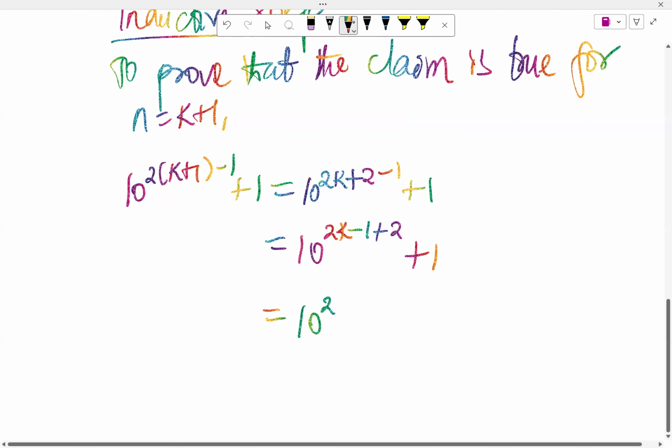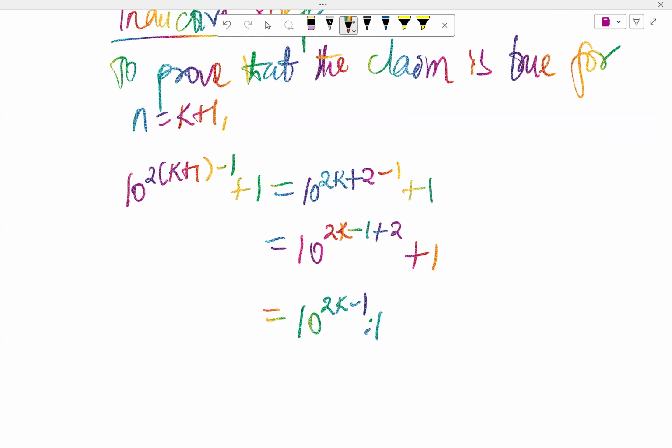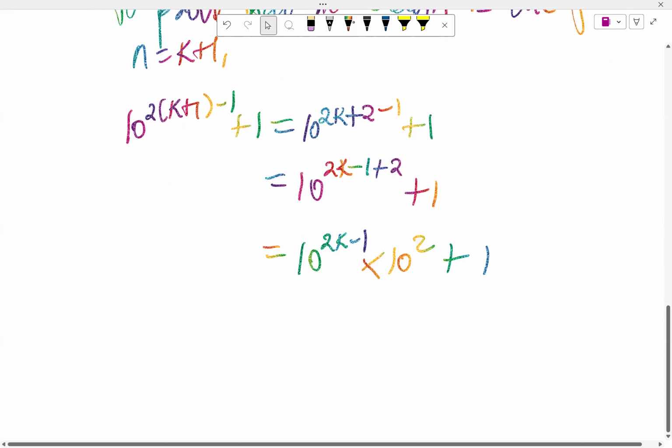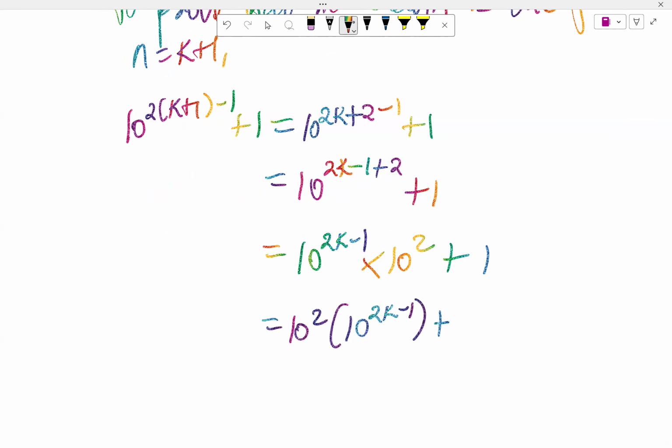So you have 10 raised to power 2k minus 1. From the law of indices, this is multiplied by 10 raised to power 2, plus 1. So this is 10 raised to power 2 times 10 raised to power 2k minus 1, plus 1.